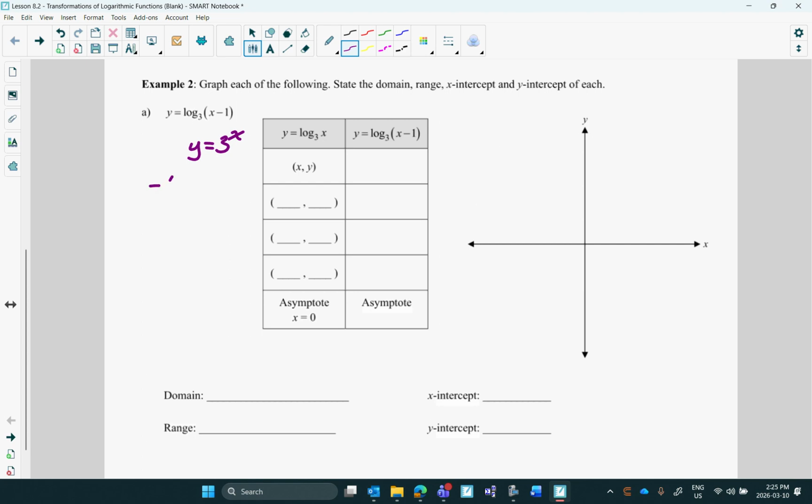So the table is -1, 1/3; 0, 1; 1, 3, and then reverse. So it becomes 1/3, -1; 1, 0; and 3, 1. With an asymptote, remember, it's a vertical asymptote at x equals 0.